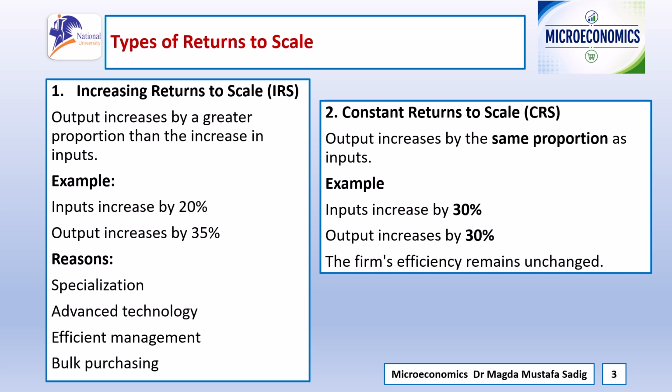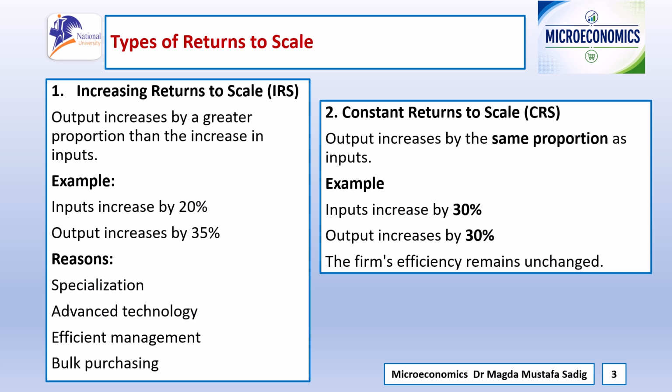Types of returns to scale. There are three possible outcomes. First, increasing returns to scale. This occurs when output grows faster than inputs. For example, if inputs increase by 20%, output increases by 35%. This is excellent news for the business. Why?